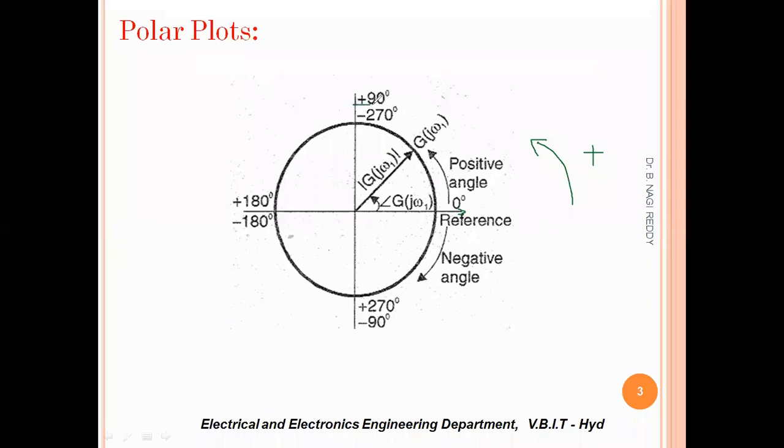So that's why the y coordinate angle will be plus 90 degrees. And in the same way, after 180 degrees, we will get plus 180. And in the same way, we'll get plus 270, and we will come back to 0 or plus 360. 360 or 0 will be the same. So we will reach the same point where we started. So this is the direction of anti-clockwise.